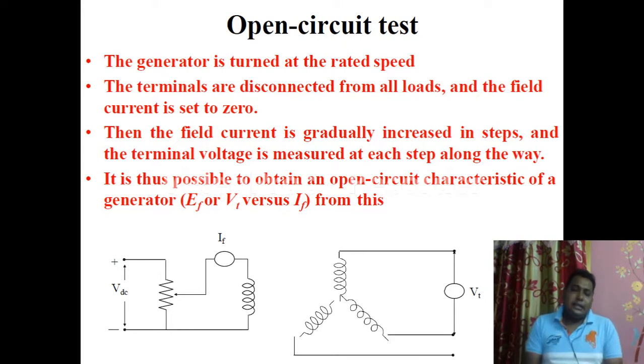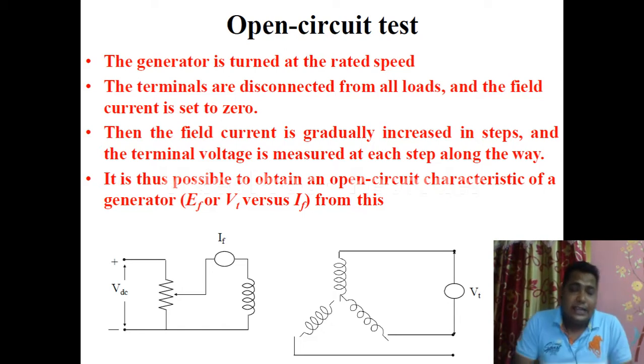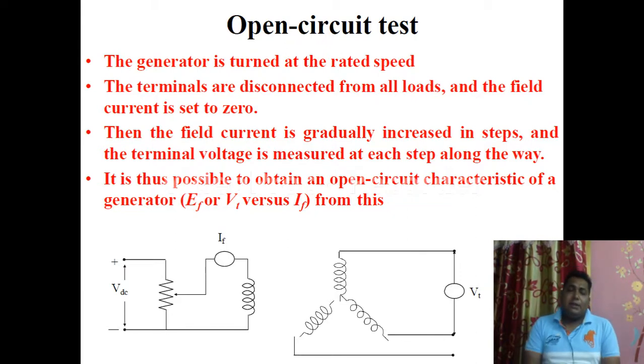This field coil is excited by a DC source connected through a rheostat, so that we can set up the rated field and run the alternator at a constant or rated speed. And on the secondary side, the stationary armature section, no load is connected, only flux cutting will be there, and due to that there is some EMF generation.